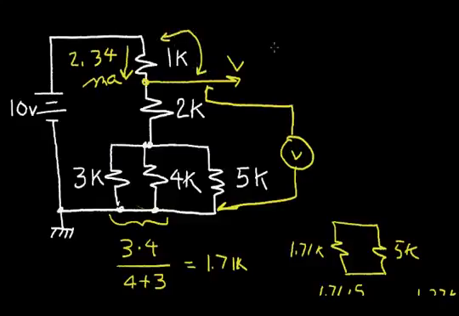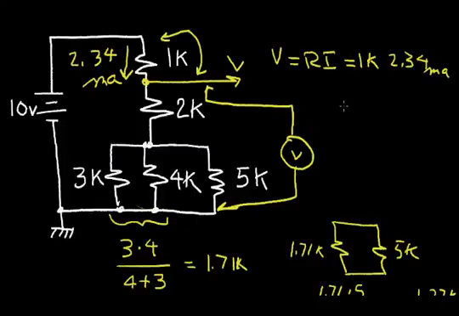We know that the voltage from Ohm's law is equal to the resistance times the current. The resistance is 1K and the current is 2.34 milliamps. And again, when you use K and milliamps, the answer comes out in volts.